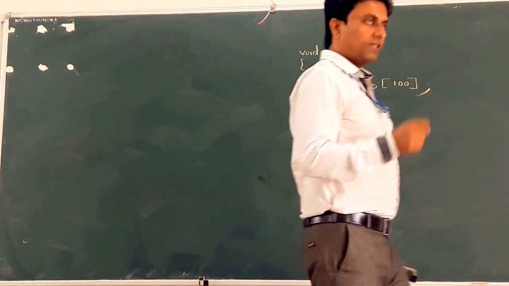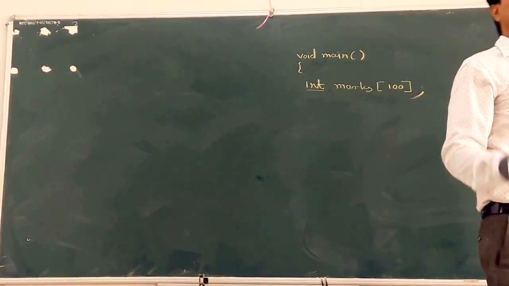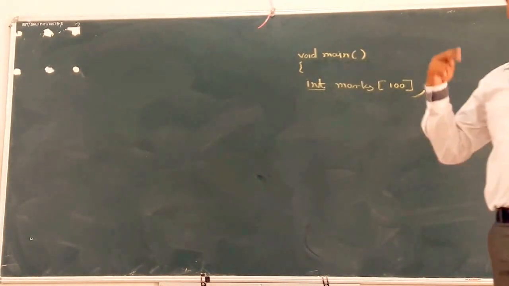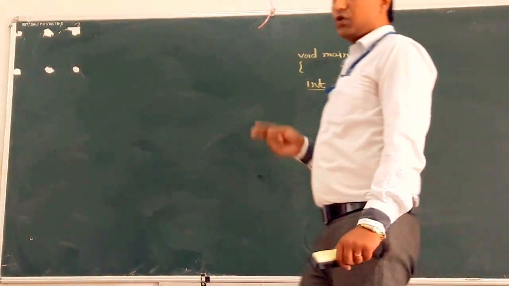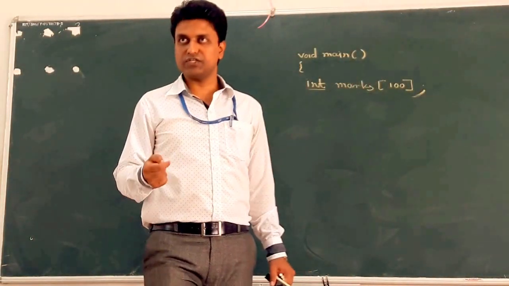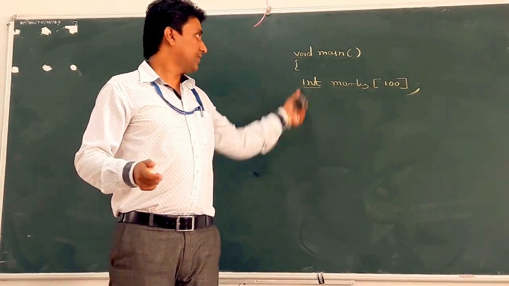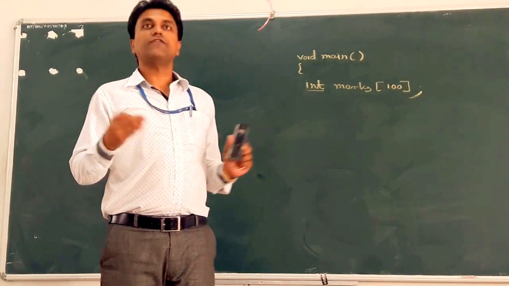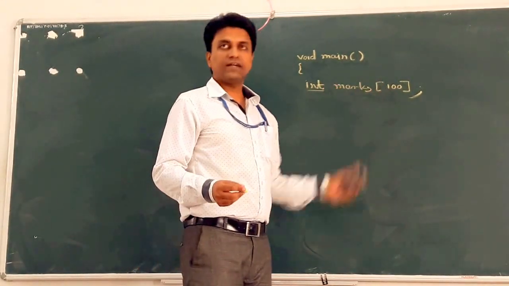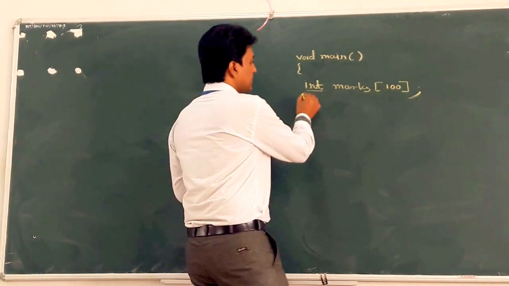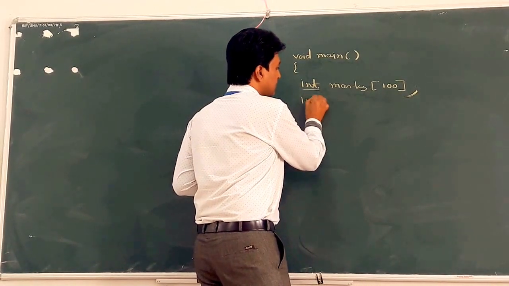Another point is that array data members are stored in RAM in contiguous memory locations, continuous memory locations. There is no gap between the elements. This is called array declaration. Next is array initialization.